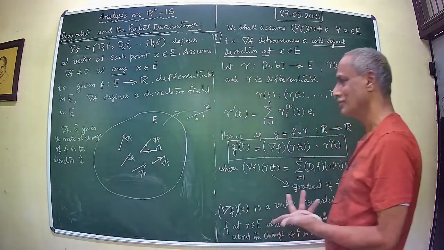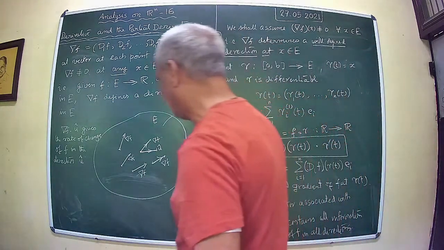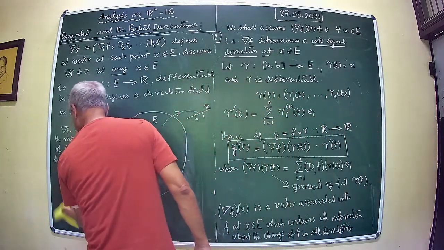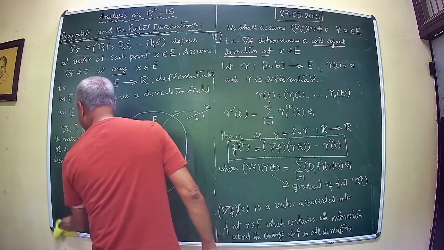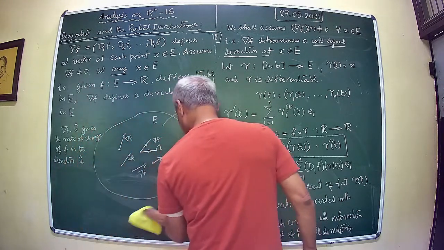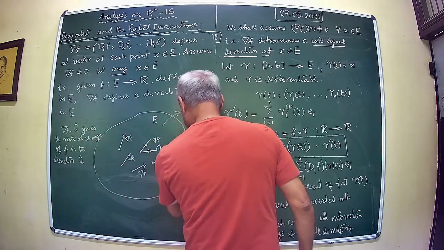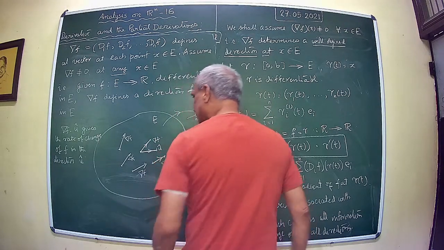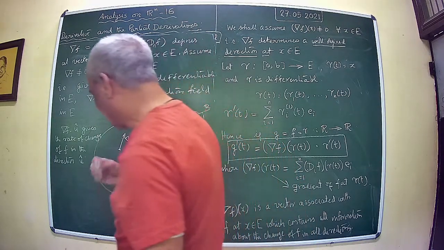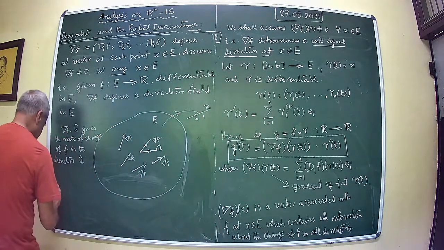Okay, so that's what we have. So it is something like a velocity field that you have. Let me give a definite meaning to this. Okay, let us take a specific example.